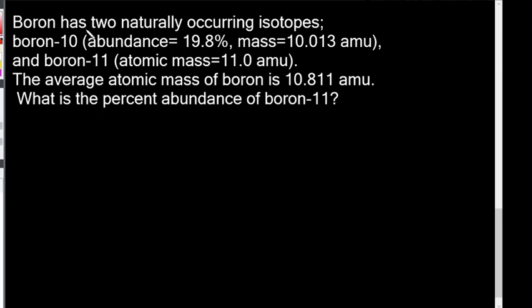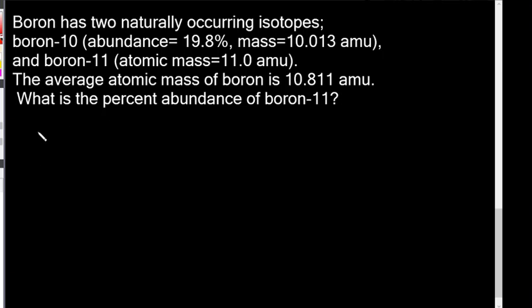Okay, so we have boron has 2 naturally occurring isotopes. Boron 10 has an abundance of 19.8% and a mass of 10.013 AMU. And boron 11 with the atomic mass of 11.0 AMU. The average atomic mass of boron is 10.811 AMU. What is the percent abundance of boron 11?